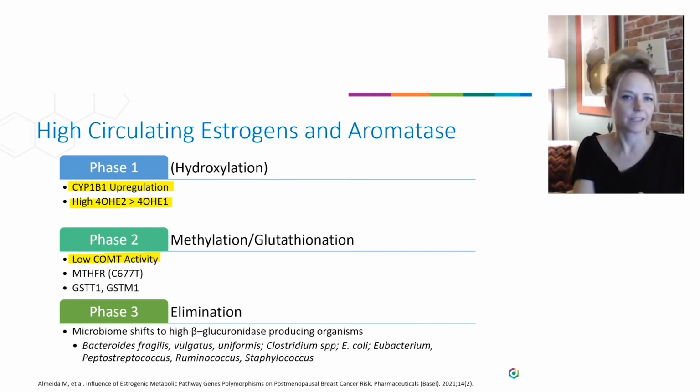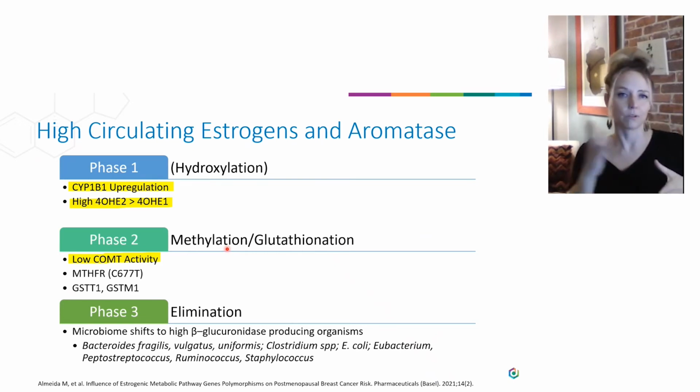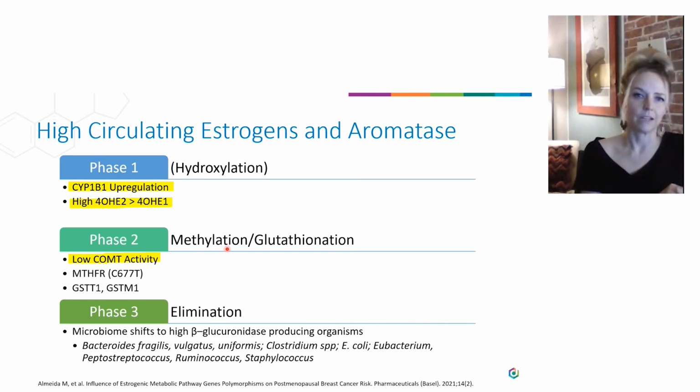Phase 2 detox, we think about as our big methylation system. It's utilizing COMT, which is a methyltransferase enzyme that requires SAMe and a double cation like magnesium, and B6 always holds hands with magnesium and all of its cofactor activities. So, making sure that COMT activity is adequate to continue those hydroxylated metabolites on down into water solubility and to elimination, hopefully in phase 3.